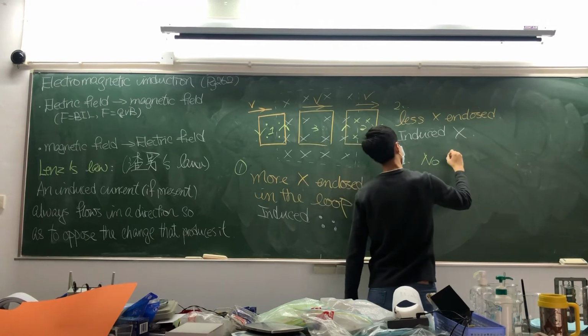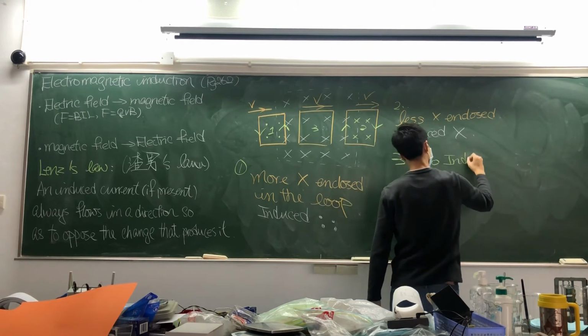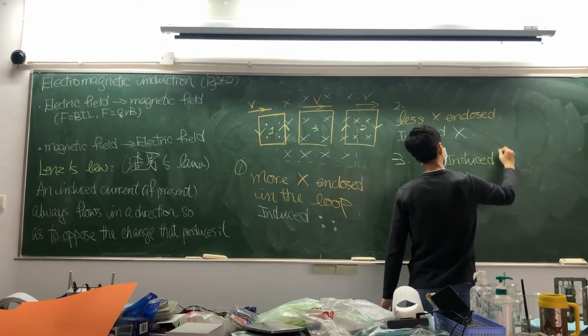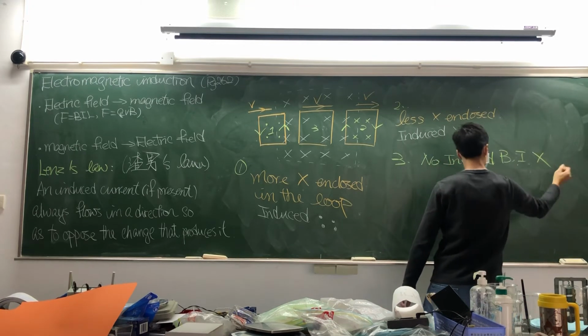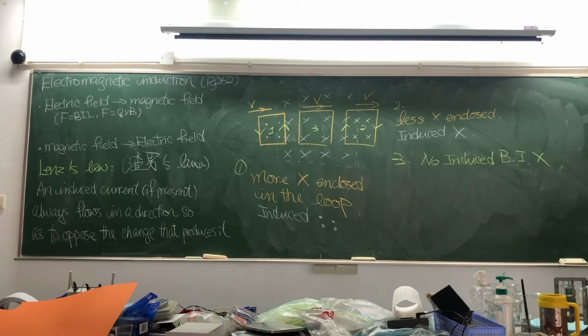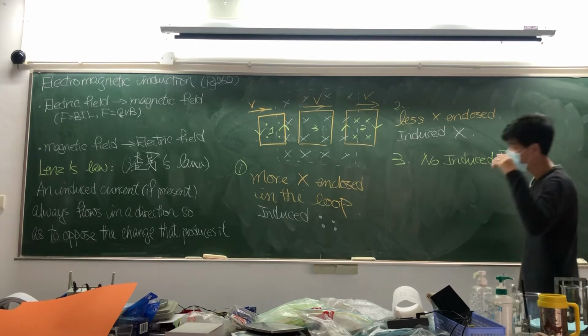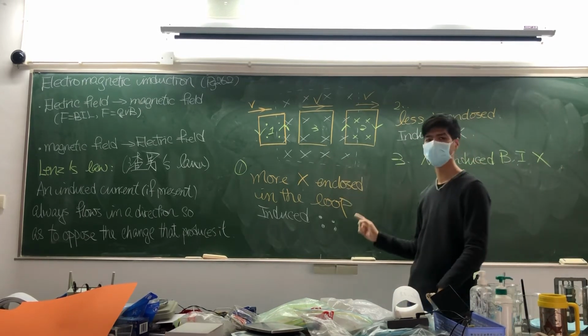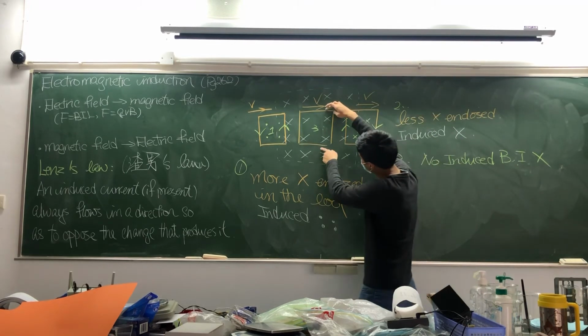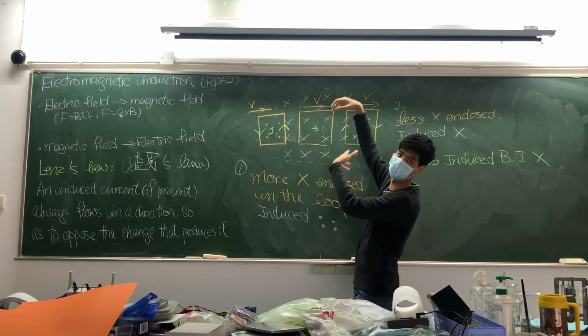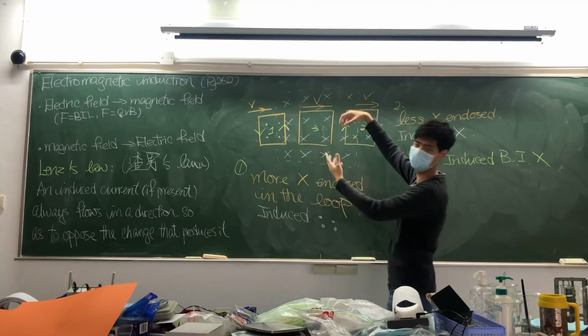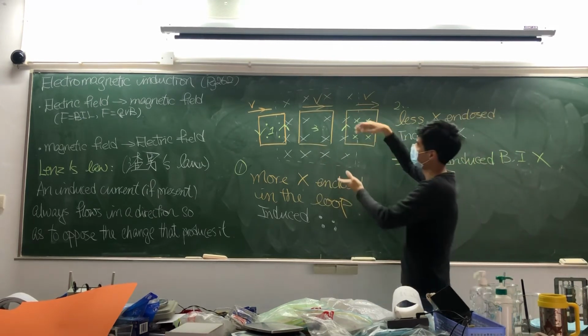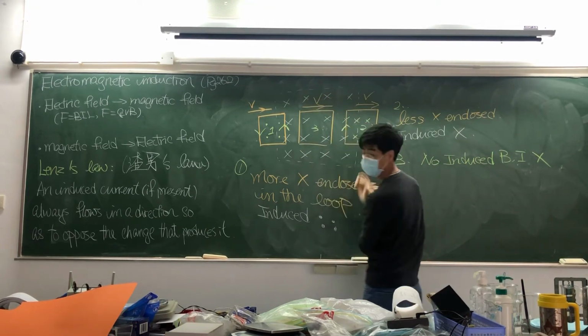No induced magnetic field and current. Why? Because in this case, the whole loop is now submerged inside the magnetic field, right? You can imagine that if you are totally submerged in water, the water doesn't change.